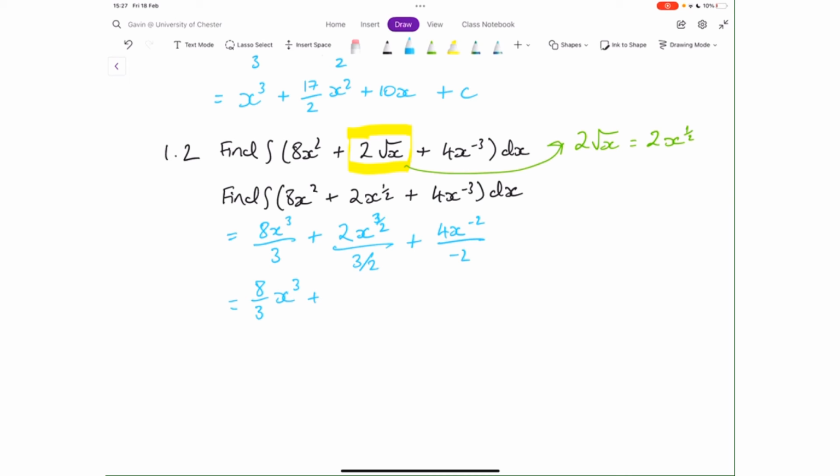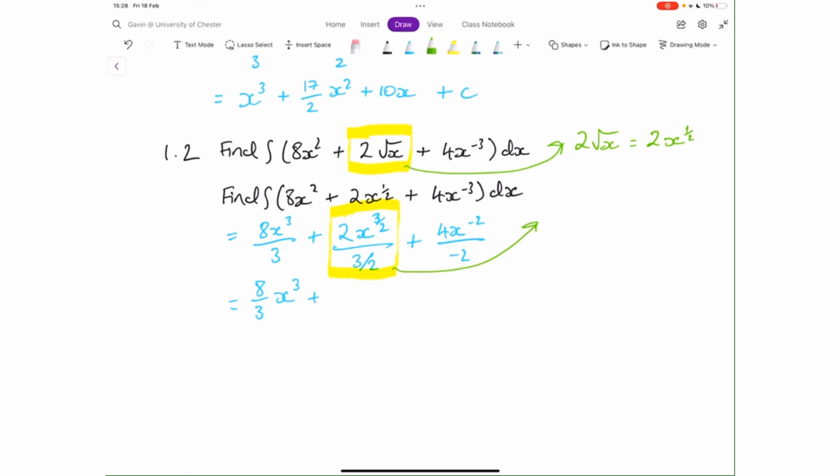This I can simplify. And again, if we think about what's going on here, and just come off to the side for the minute, what is 2x to the 3 over 2 divided by 3 over 2. So I want to do a couple of things here.